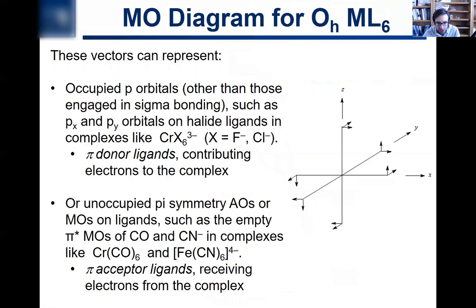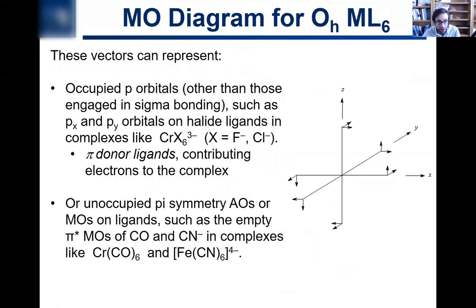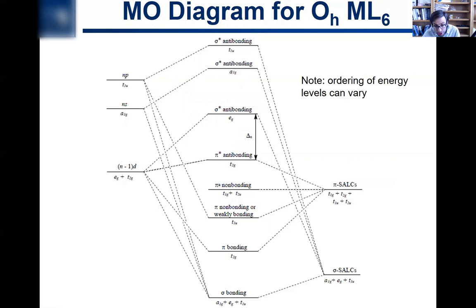I didn't do that, but I trust that you could go through, if you wanted to, and figure out how these vectors transform under all the different symmetry operations for octahedral space, and then you'll get a reducible representation. You could use a projection operator to visualize those. The symmetry ends up being T1g, T2g, T1u, and T2u for your pi SALCs, and we already did the sigma SALCs in more detail: A1g, Eg, and T1u.